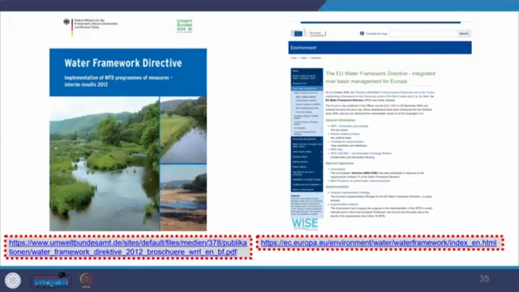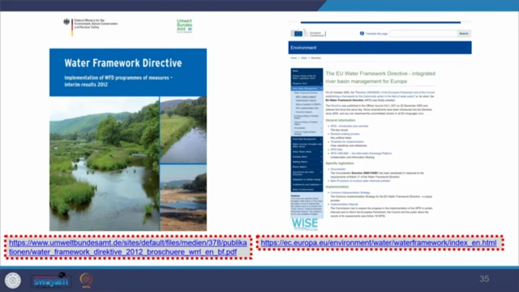You can find the Water Framework Directive, which European countries need to follow. The requirements of the Water Framework Directive need to be considered during all stages of the planning and development process. It requires EU member states to prevent deterioration and to protect and enhance the status of aquatic ecosystems.